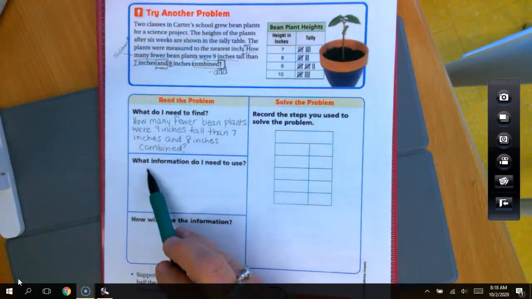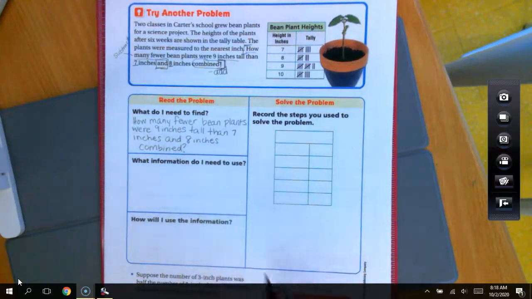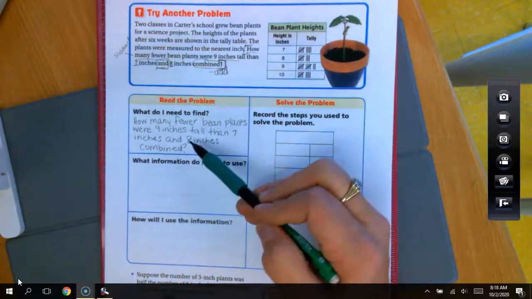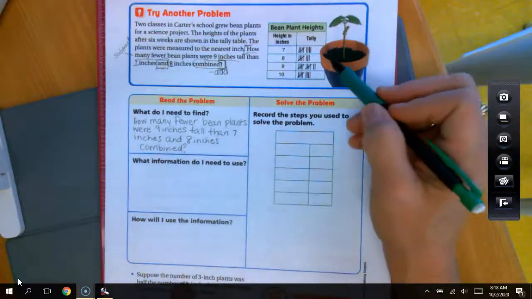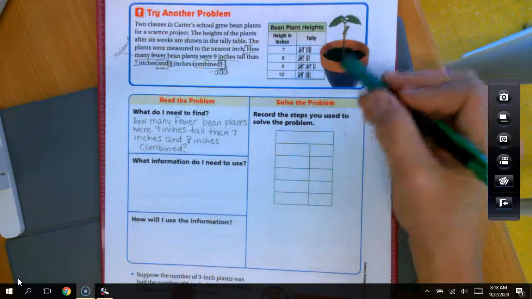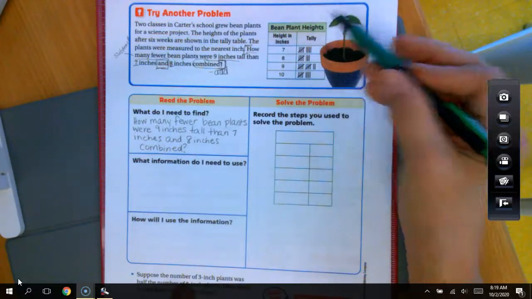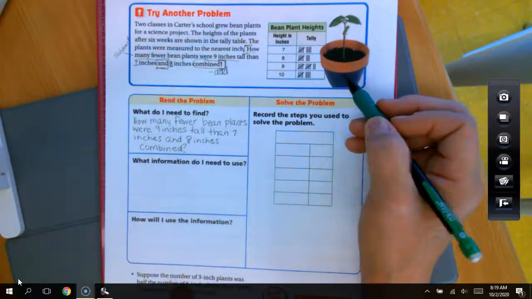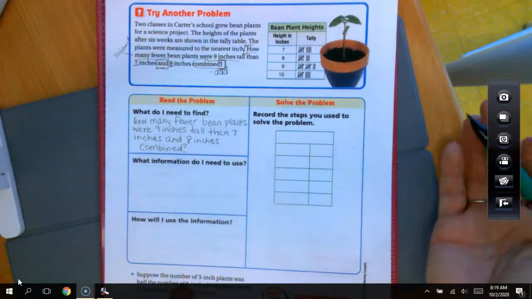Now, it says, what information do I need to use? Well, the only way that I'm going to figure out this problem is to use the data that's in my tally table. So I'm going to write that. The data in the tally table tells me about the bean plant heights.